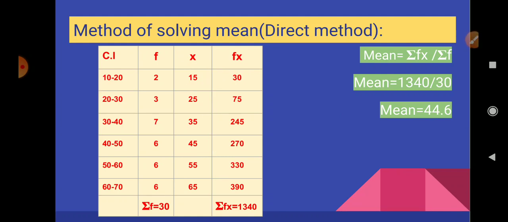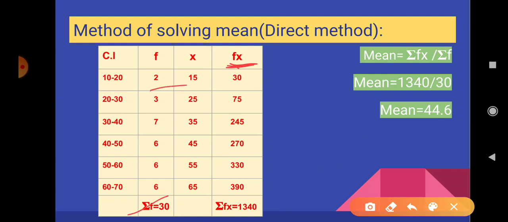Next, what is the formula for the direct method? Sigma fx by sigma f. We have sigma f, but we have to find sigma fx, and before that, we have to find fx. fx is nothing but multiplication. f plus x is addition, f minus x is subtraction, but fx means you have to multiply.